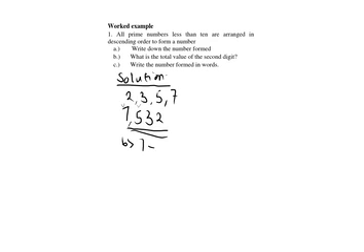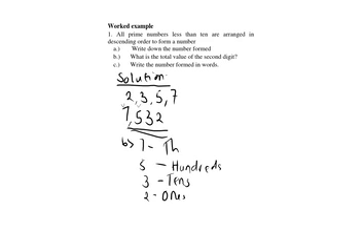So we have 7, 5, 3, and 2. 2 is in ones, 3 is in tens, 5 in hundreds, and 7 is in thousands. So to get the total value of digit 5, take 5 multiplied by its place value, which is 100, and this one gives us 500.